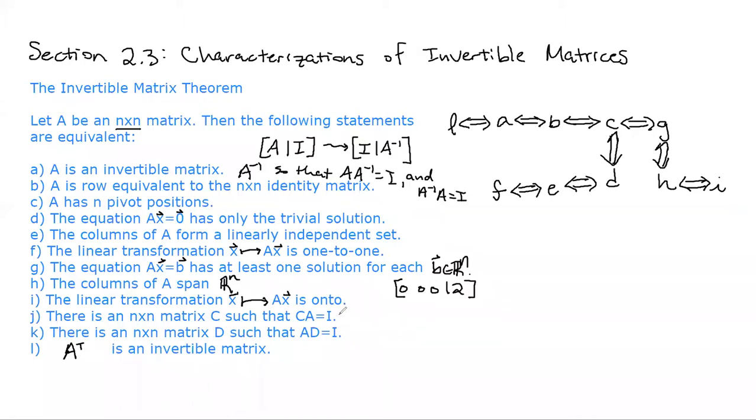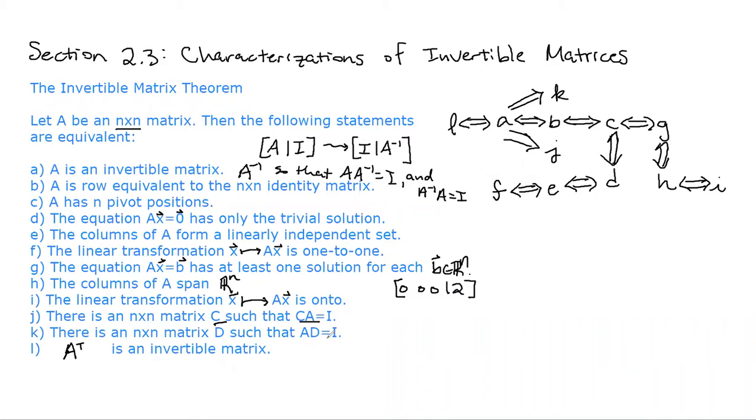So properties J and K each get half of this, right? So if A is invertible, then there certainly exists a matrix C so that CA is I. Specifically, A inverse could be that, right? So if A is invertible, it does indicate that K is true, and it also indicates that J is true, right? Because that A inverse could be our C or our D.